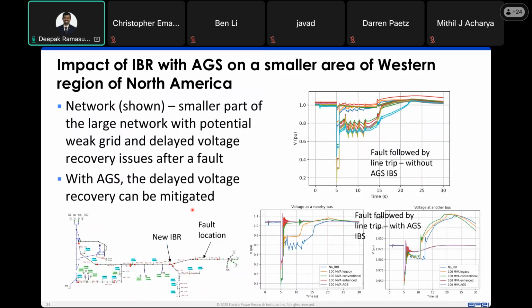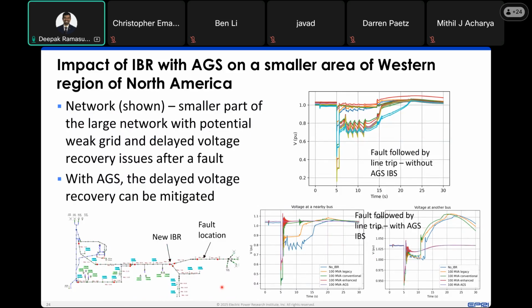The last study that I'll talk about today was a study that we did in the region of North America. The idea was that there is a smaller portion of the larger network that, upon the occurrence of a fault, has a delayed voltage recovery and some issues in large signal voltage stability.